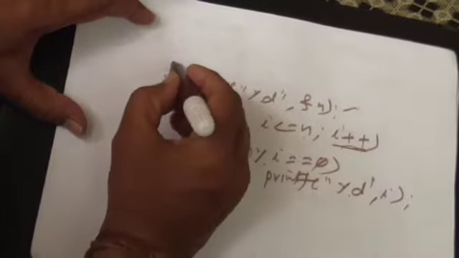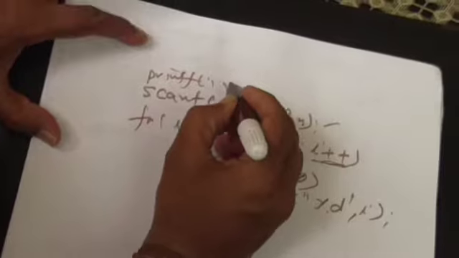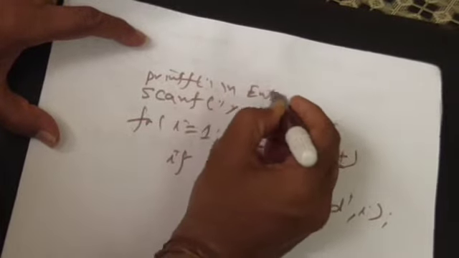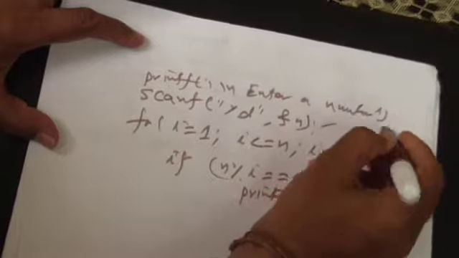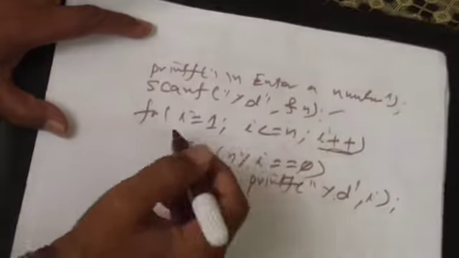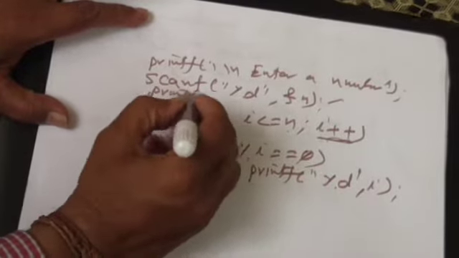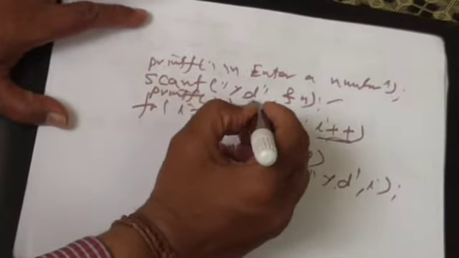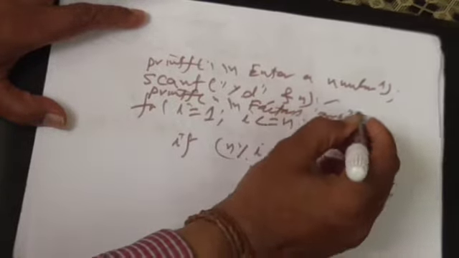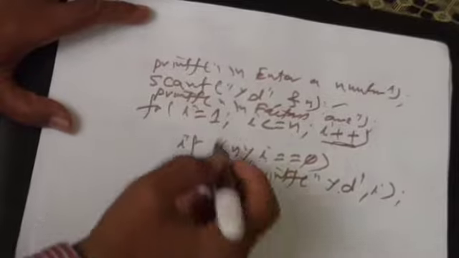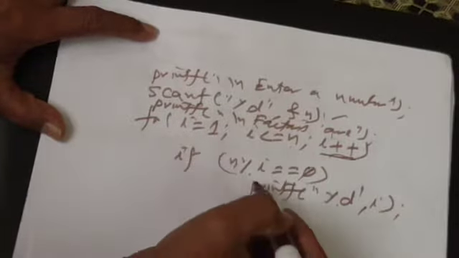To prompt for a number, you can say printf "enter a number". And here, where the factors are printed, you can write "factors are". Now to complete the program you need to declare this n and i.